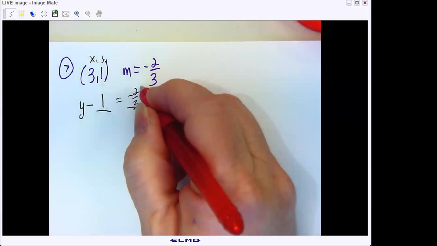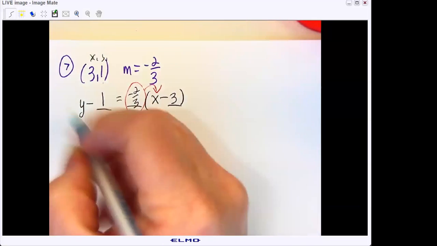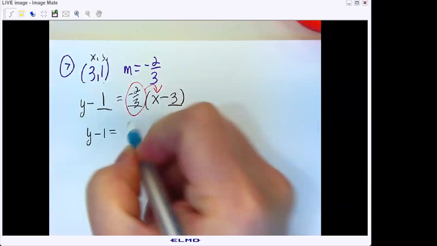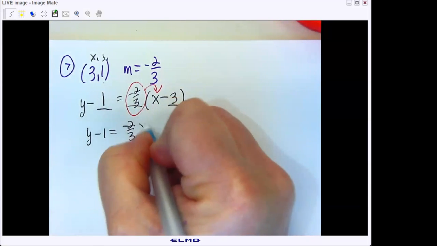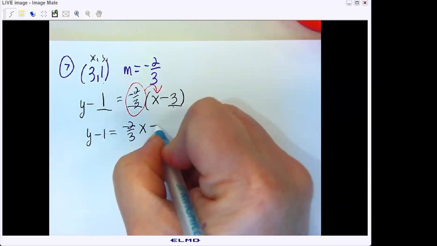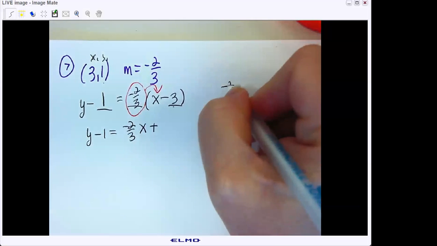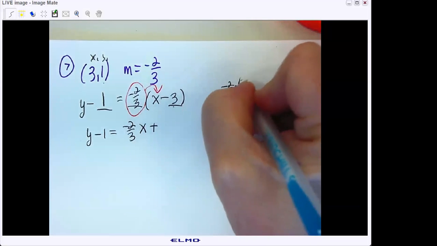Some of you get really freaked out by fractions, and I get it. We have y minus 1 is equal to negative 2/3 x. A minus times a minus makes a plus. Now come over here and do negative 2/3 times negative 3.